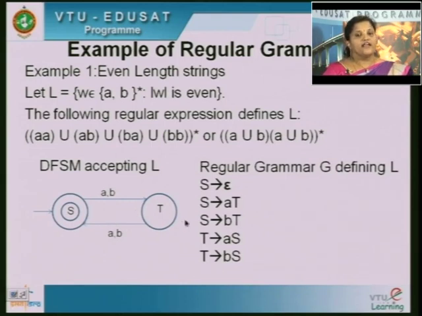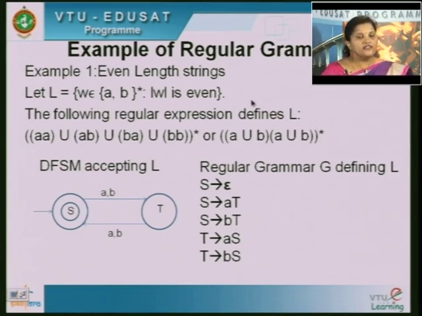So, now you should write the regular grammar which defines L. We know that any grammar is defined with 4 tuples. First it contains a set of non-terminals and terminals, and also Σ.